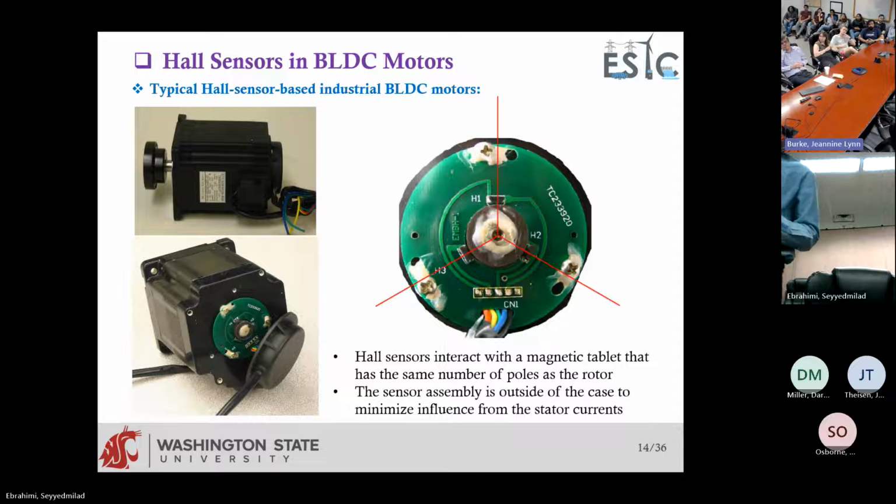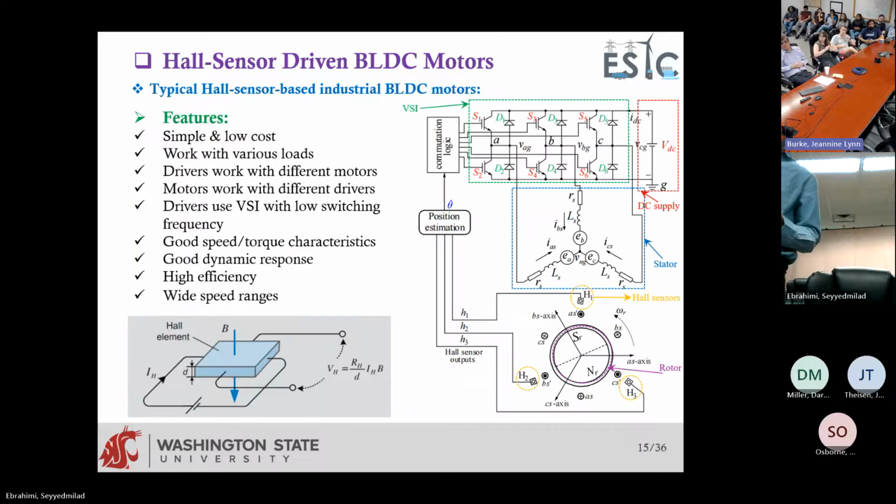Let me briefly say what a Hall sensor is. It's not scary. You have what is called the Hall element. If you have this Hall element here and you connect it to a power source, there would be some electric charge moving around here, right? Now if I impose a magnetic field on this Hall element, like this that I have shown here downward, you know that the electric charges will be pushed or pulled by the magnetic field, right?